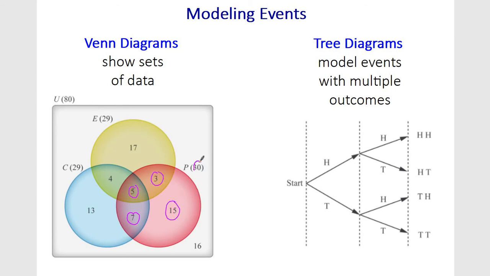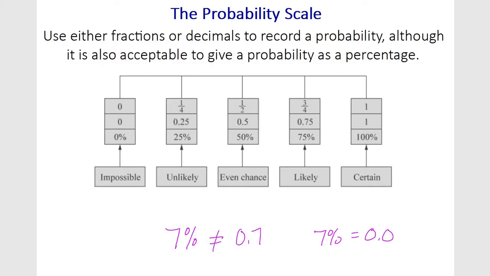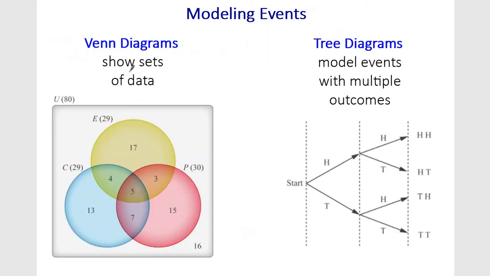All of those make up 30, the probability of the entire red circle. For the probability of the yellow circle, you would look at 4, 5, 3, and 17. All of those correspond to the yellow circle. Knowing how to read a Venn diagram is very important.